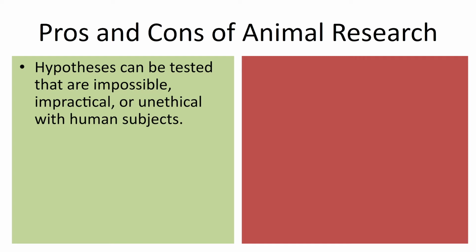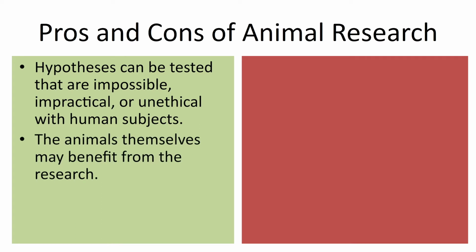Another big pro to animal research is that the animals themselves might benefit. By learning more about those animals, we may, as a result, learn better ways to relate to the animals and take care of the animals and maybe even help them live longer and happier lives.